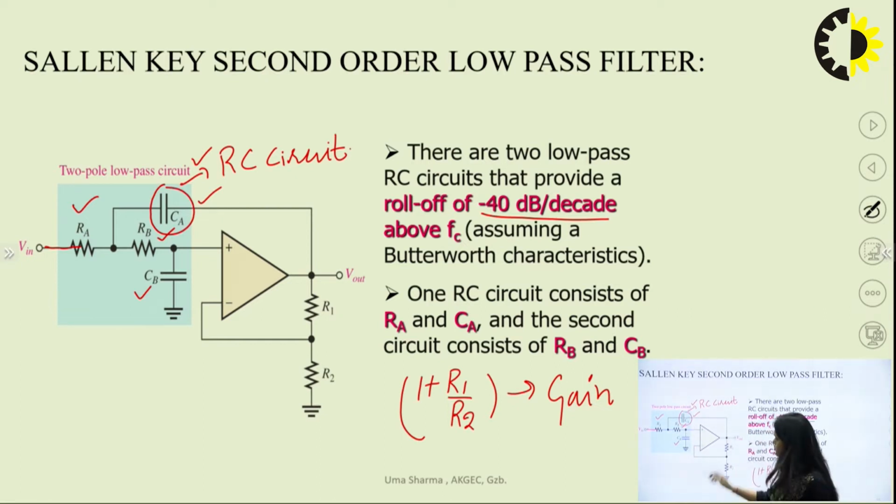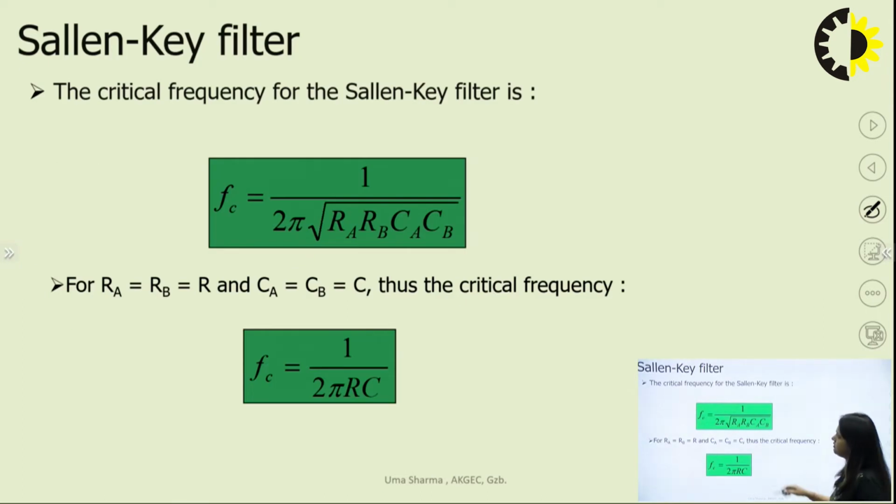Now if we solve this RC circuit, we can calculate the critical frequency, which is 1 upon 2 pi under root of RA RB CA CB. If RA equals RB and CA equals CB, then this expression is converted into 1 upon 2 pi RC. So this is the critical frequency or the cutoff frequency of the low pass filter.